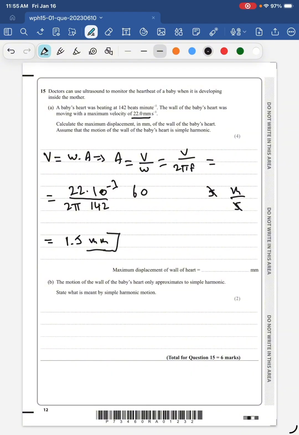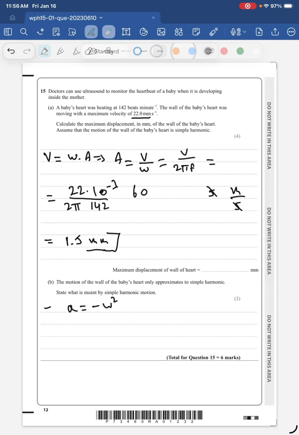All right. Part B, the motion of the wall of the baby's heart only approximates to simple harmonic. State what is meant by simple harmonic motion. We can write the equation: a is minus omega squared x.